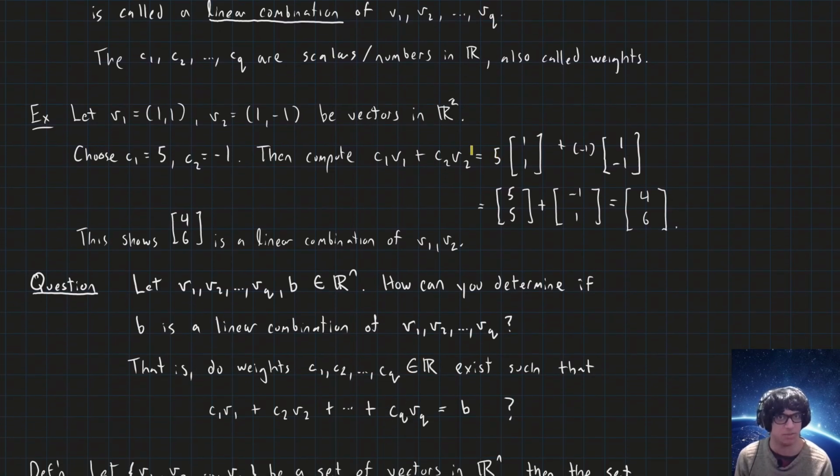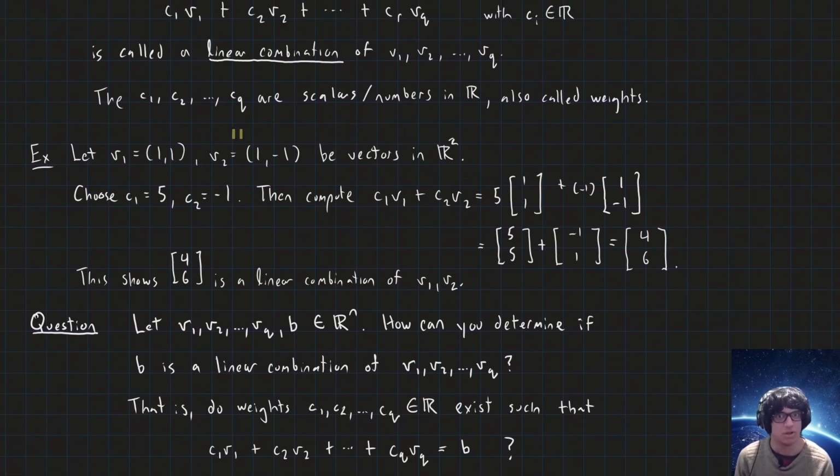So let's see an example of that. Let's look at v1 being (1, 1) and v2 being (1, -1), two vectors in R2. Let's generate a linear combination of those. We can choose our c's as we like. I'm going to choose c1 to be 5, c2 to be -1.